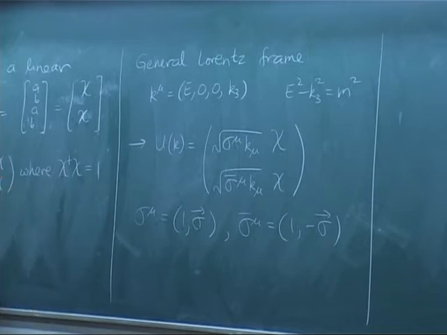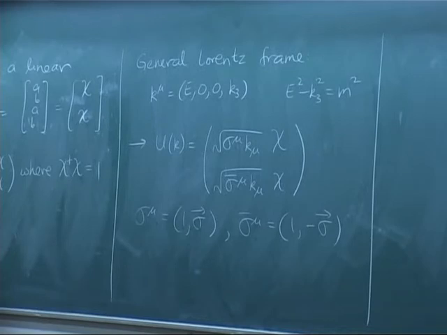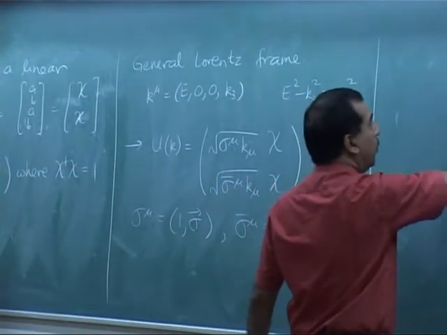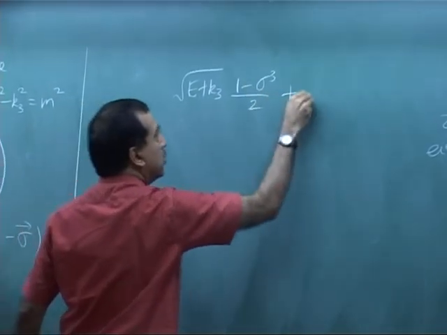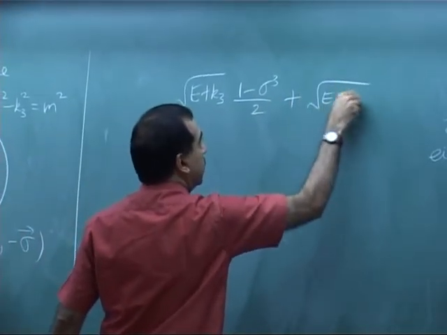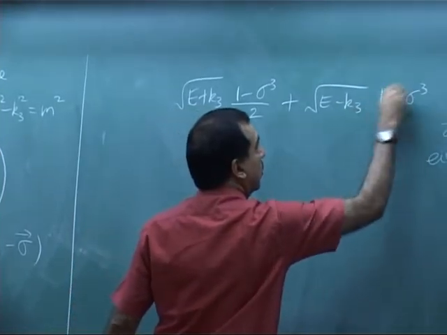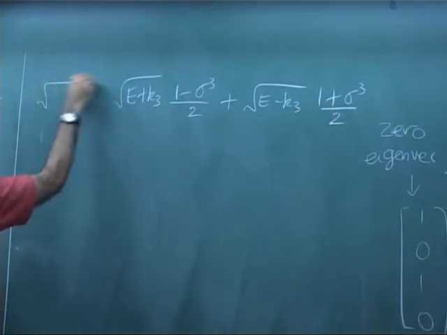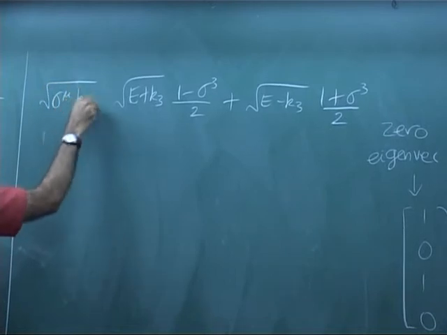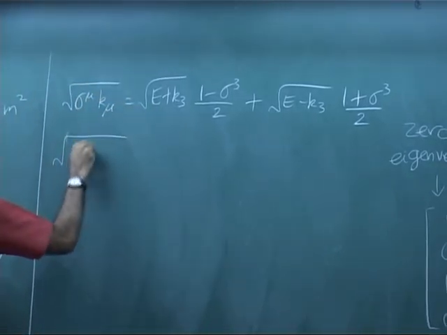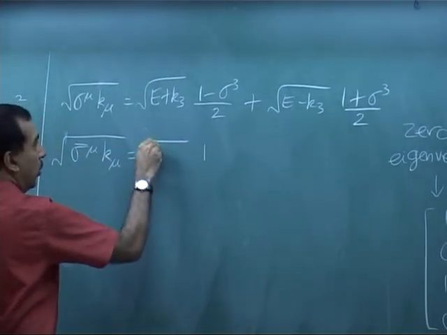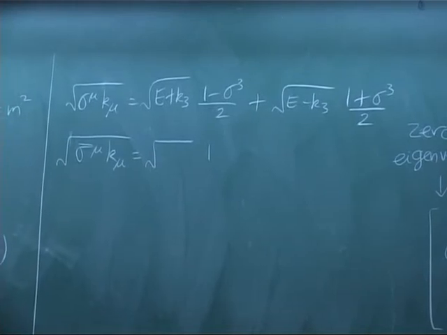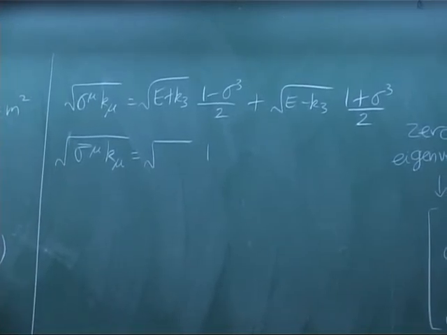And it's easy to see because of the structure of Pauli matrices that you get root of E plus K3 times (1 minus sigma 3)/2 plus root of E minus K3 times (1 plus sigma 3)/2. These are all left as exercises, and here we have some minus signs, so it's plus with plus and minus with minus.